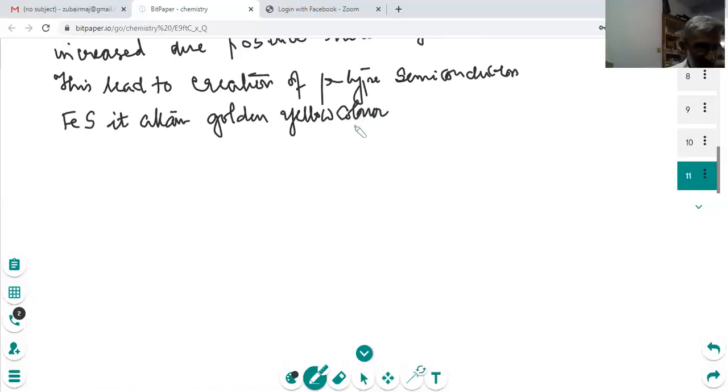Okay, and it shines in fact. So it is termed as fool's gold.